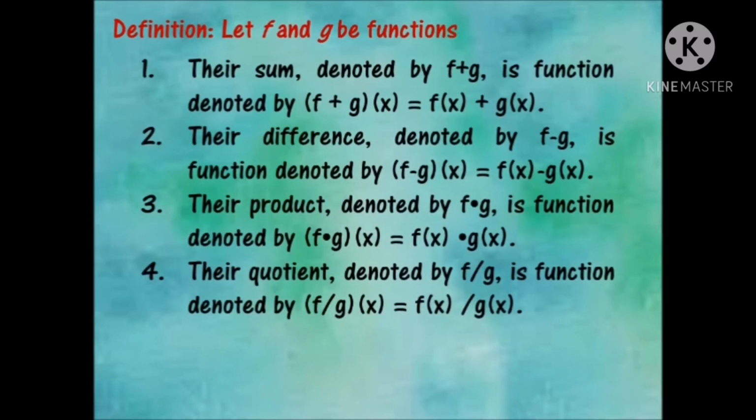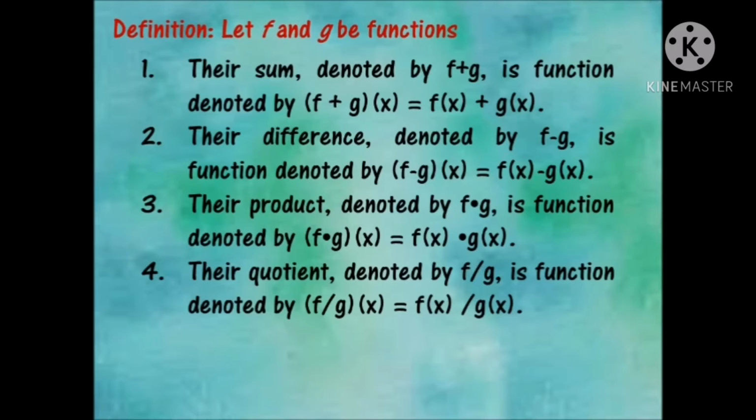Another definition, let f and g be functions. Their sum denoted by f plus g is a function denoted by f plus g of x, which is also equal to f of x plus g of x. Their difference denoted by f minus g is a function denoted by f minus g of x, and that is equal to f of x minus g of x.